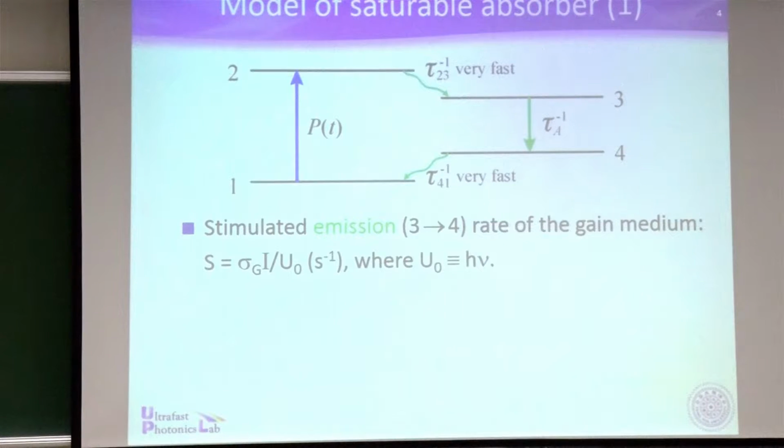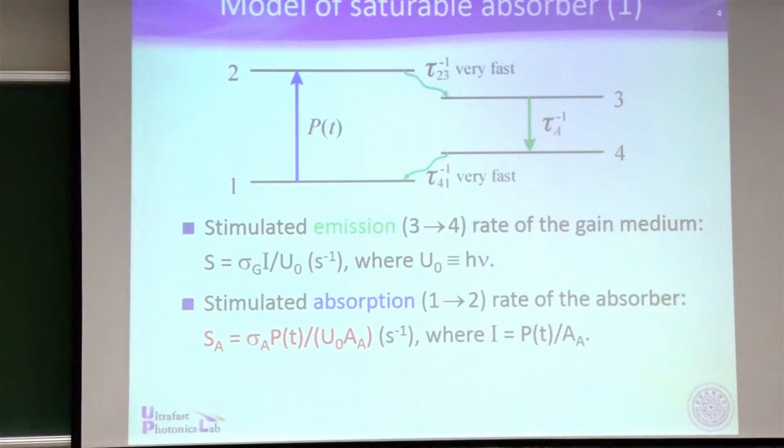But this is what we used for gain medium, which we used in lesson 1. Here, we are interested in absorption instead of gain amplification, so we can borrow the stimulated emission rate formula which we used before.